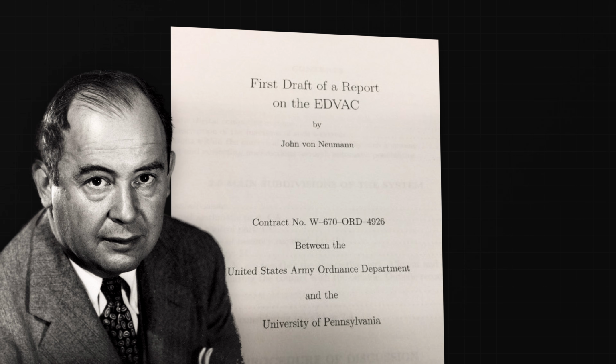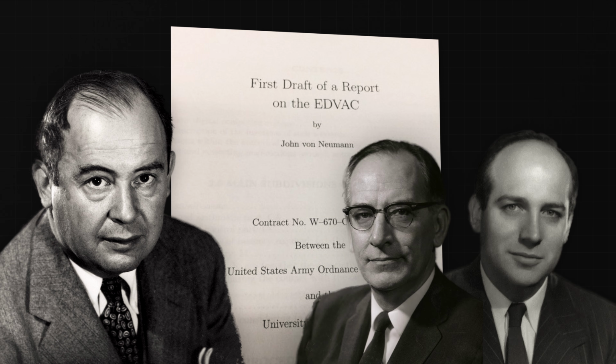In 1945, John von Neumann published the first draft of a report on the EDVAC, which describes computer designs discussed between von Neumann, J. Eckert, and John Mauchly at the University of Pennsylvania. The first draft describes a computer with a single processing unit and a single memory unit. The memory unit stores both instructions and data.